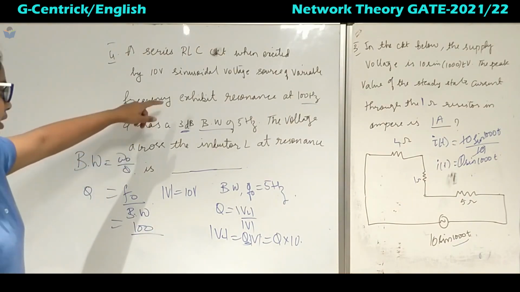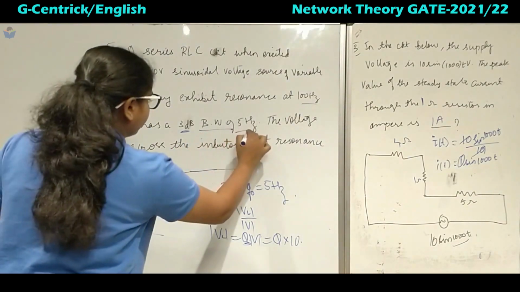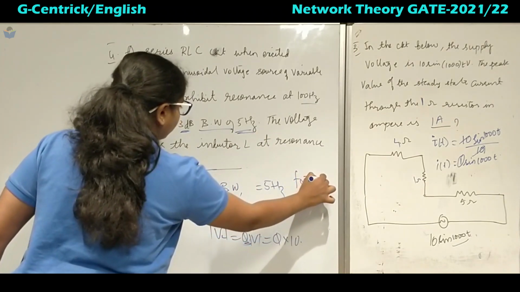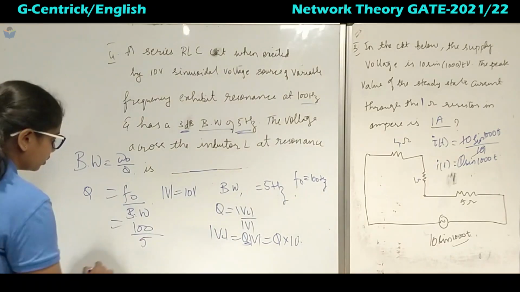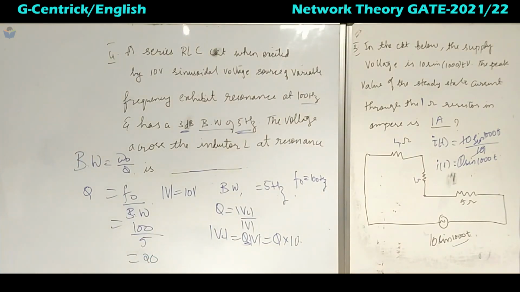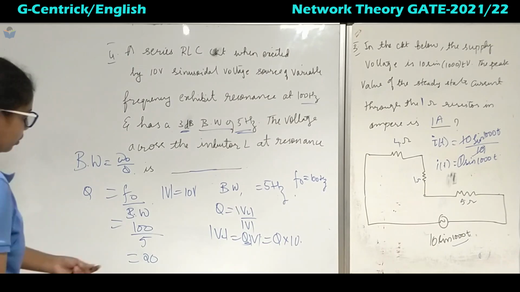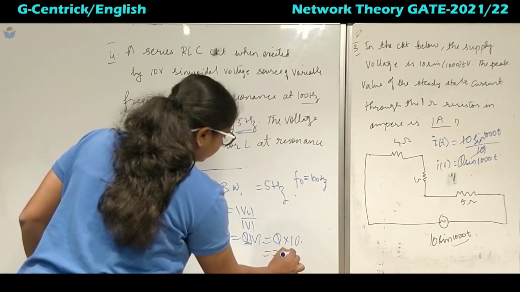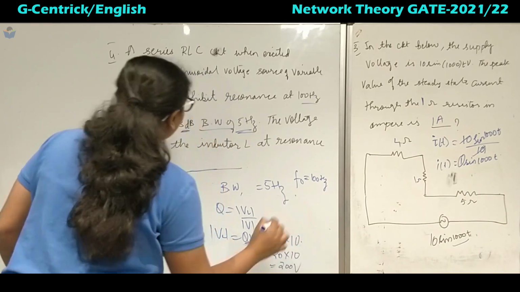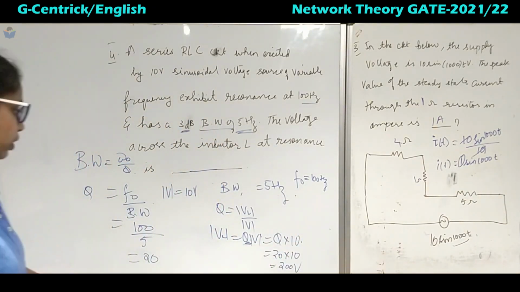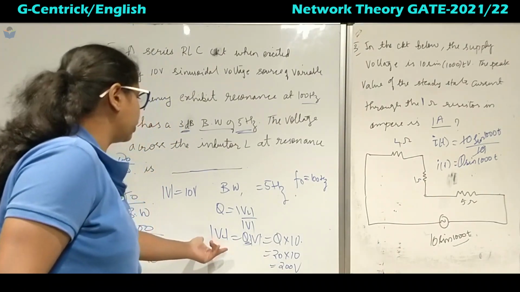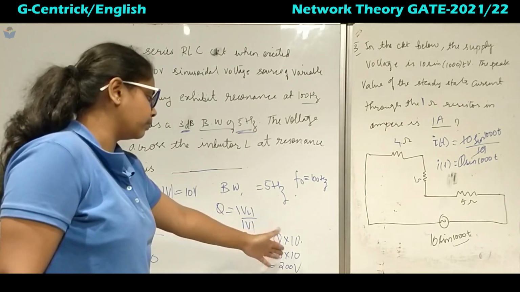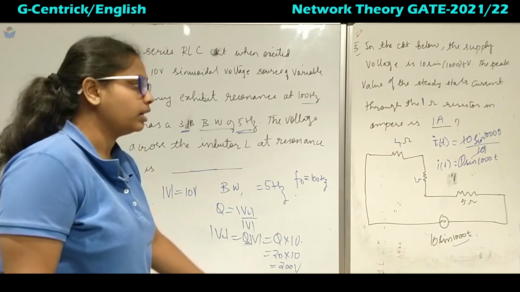F naught is 100 hertz and the bandwidth is 5 hertz, so this will become 20 as the quality factor. Now when you substitute this 20, you get 20 into 10, that is 200 volts. So this 200 volt across the inductor is more than the source voltage. That is the magnification factor, or the quality factor.